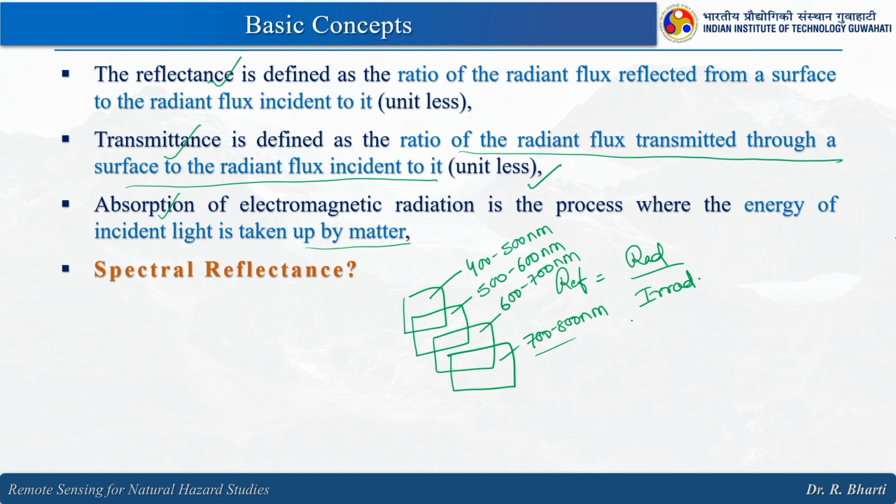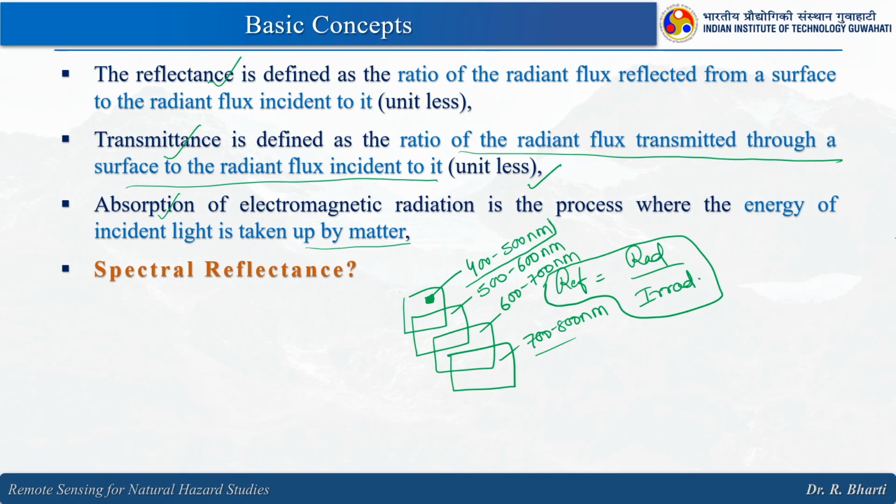Now, if I have to calculate the reflectance, which is this one, right, what we have to do? We have to consider one pixel value, which is basically the DN value, and that we have converted to radiance. So, we have radiance value from here, right, and for irradiance we will use the same sensor to measure the irradiance in this particular wavelength only.